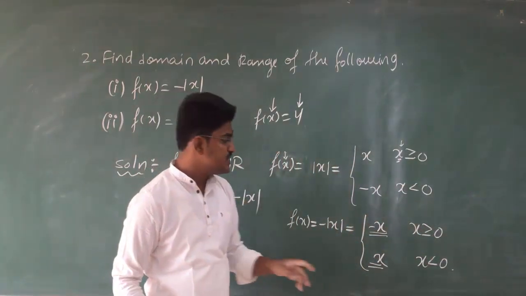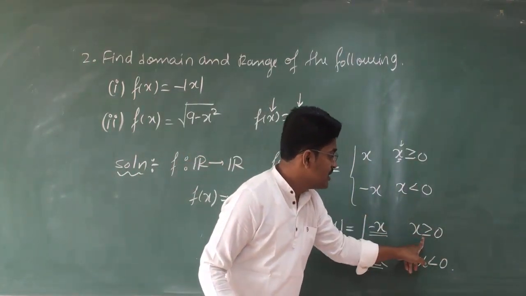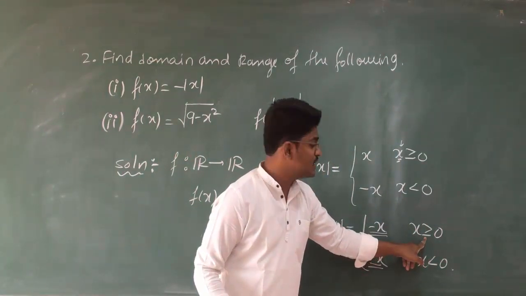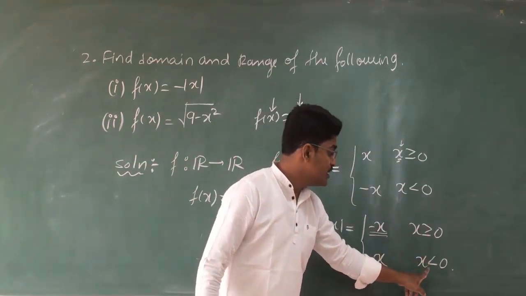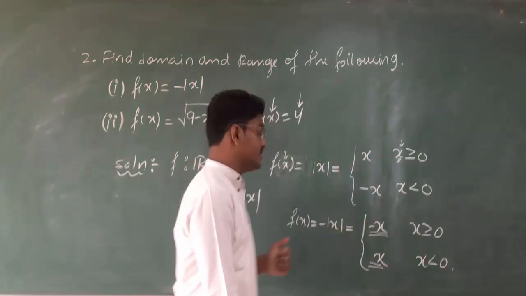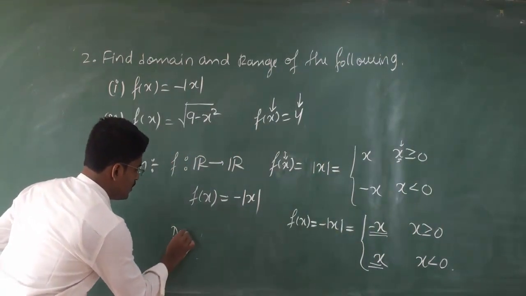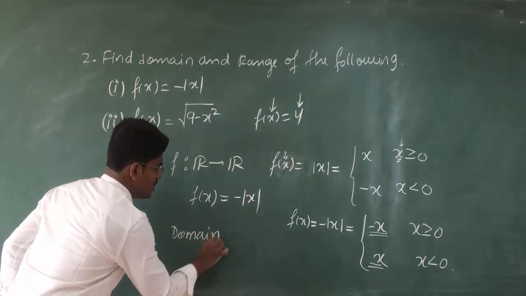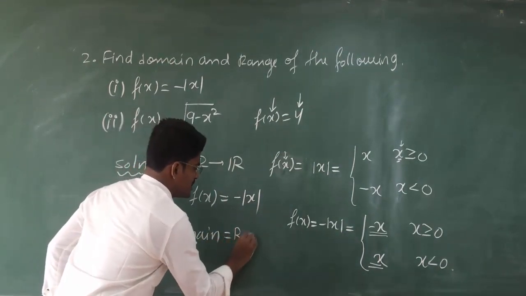Now if you see the domain, x greater than or equal to 0 means towards positive infinity. x lesser than or equal to 0 means towards negative infinity. That means domain equal to the real number set.